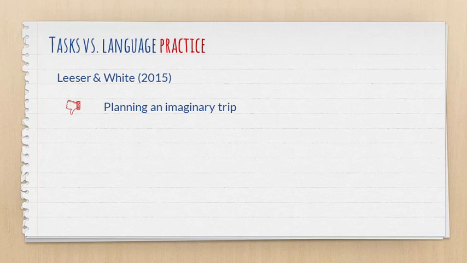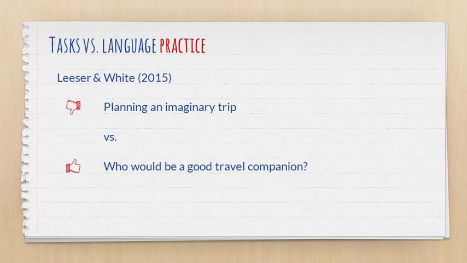Instead, what they propose is something like figuring out who would be a good travel companion. So the outcome of the task is simply to figure out if a fellow classmate would or would not be a good travel companion, and is authentic because the learners are sharing their own real travel preferences.